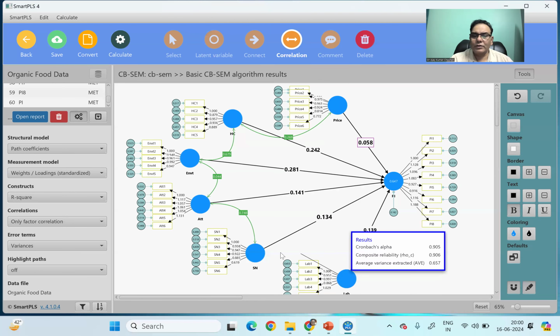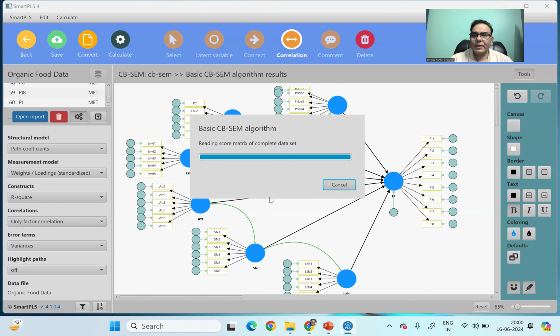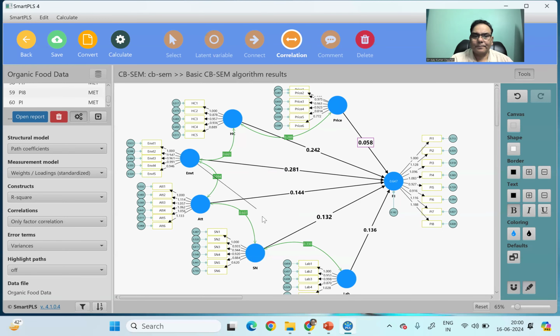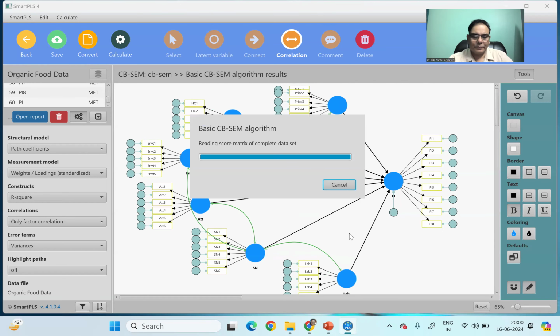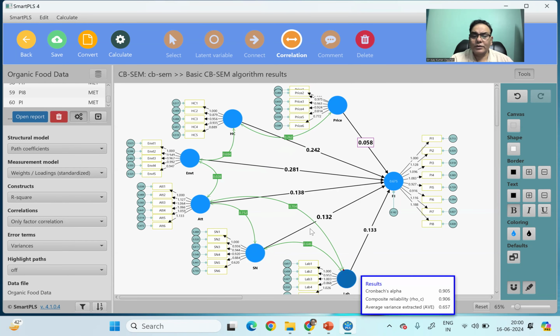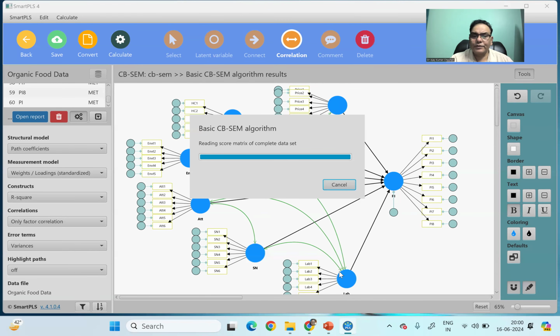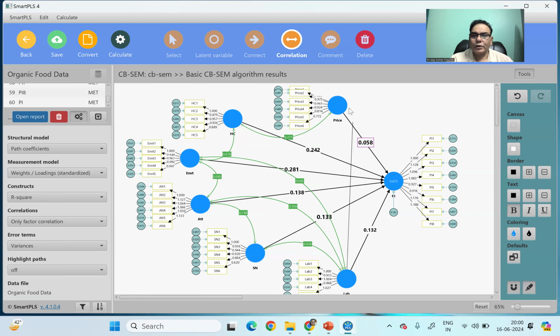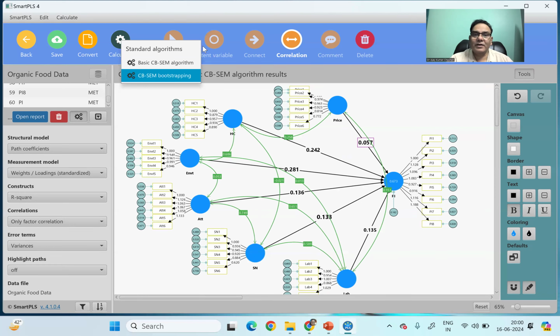This correlation is not allowed in PLS-SEM. ये मैंने उल्टा लगा दिया. So like this. So this correlation researchers use to increase the model fit. So I will show you that after this process, the model fit significantly improves.